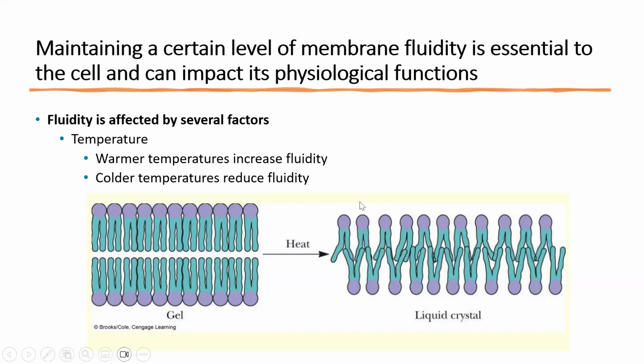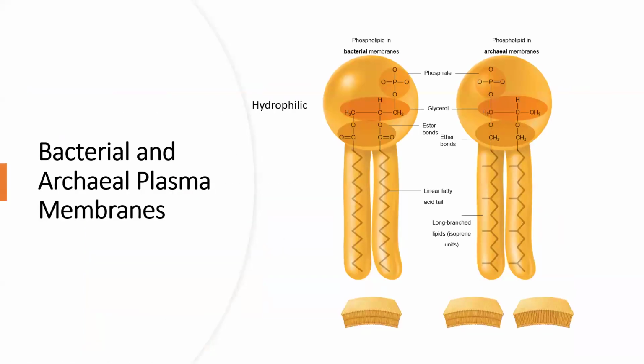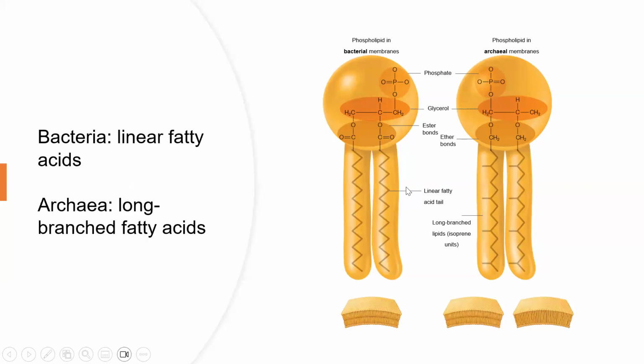That increases your fluidity. When you are in colder temperatures, it's going to reduce your fluidity. And so coming back to look at these phospholipid fatty acids, they're amphipathic, which we talked about in the lipids lecture. That means that there's a hydrophilic end and then a hydrophobic end.